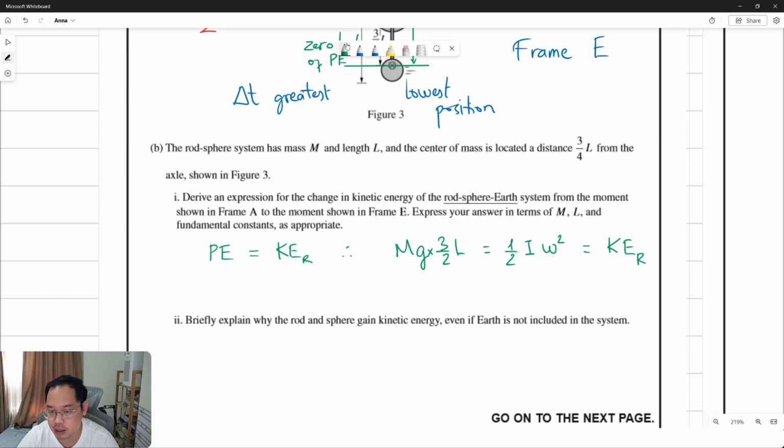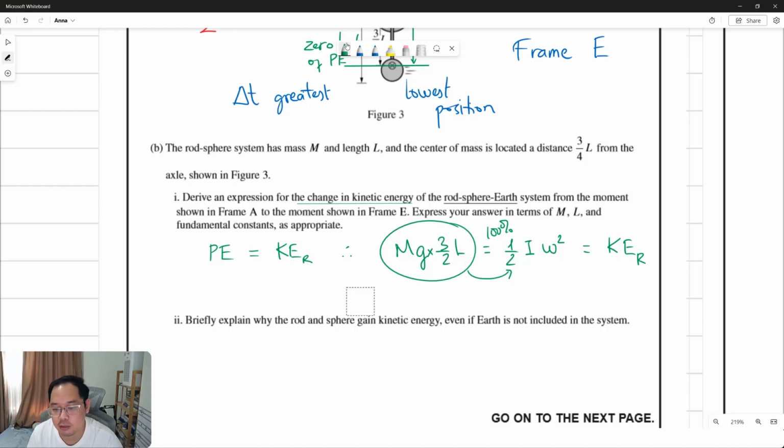Okay, so this whole thing will convert 100% into this kinetic energy, and therefore the change in kinetic energy, the expression of the change in kinetic energy, is equal to this thing.